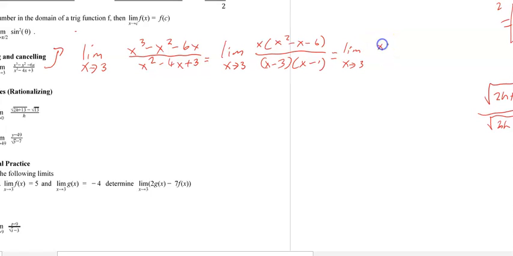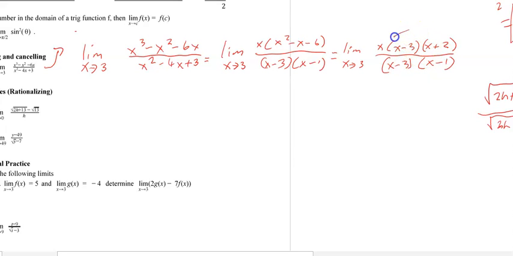So x squared minus x minus 6 can be factored into x minus 3, x plus 2, and then that will be all over x minus 3, x minus 1.